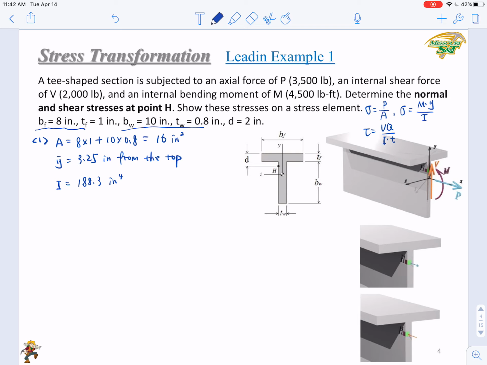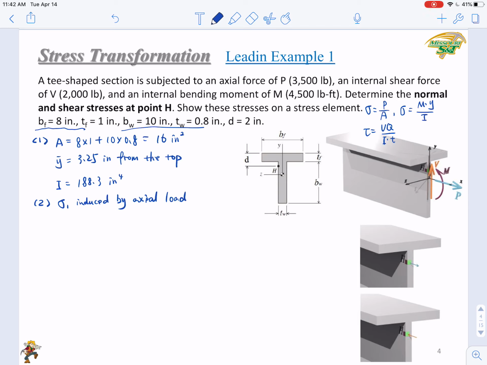Then in steps 2 and 3, we will calculate the 2 components of the normal stress. Step 2, we'll calculate sigma 1 induced by the axial loading.